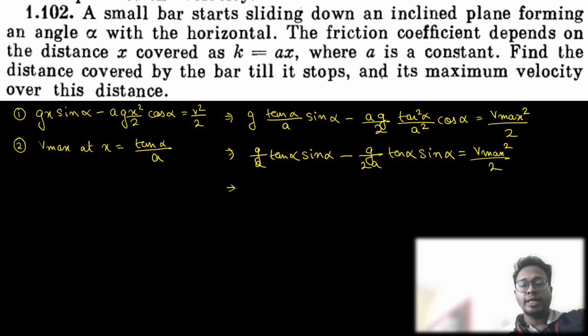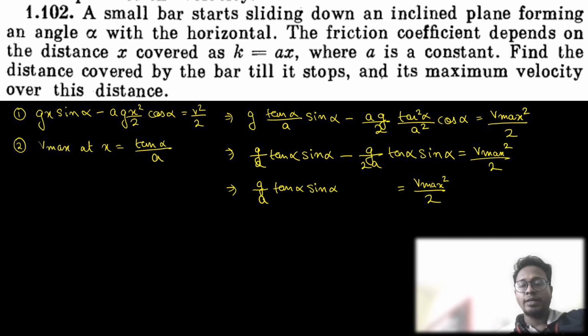If I take g by a tan alpha sin alpha common, 1 minus 1 by 2 is nothing but 1 by 2, equal to v max square by 2. So 1 minus half is half.